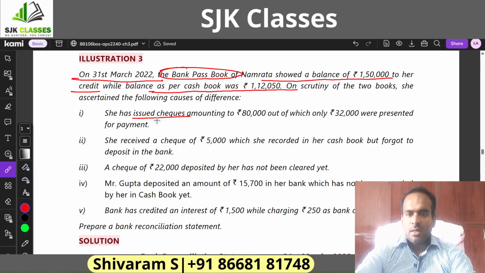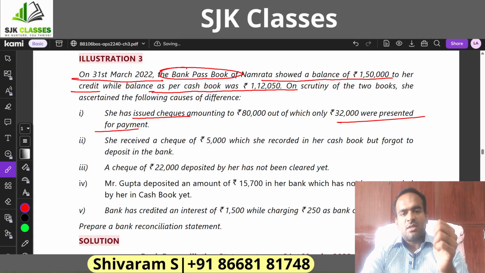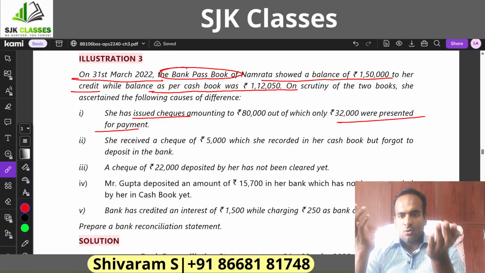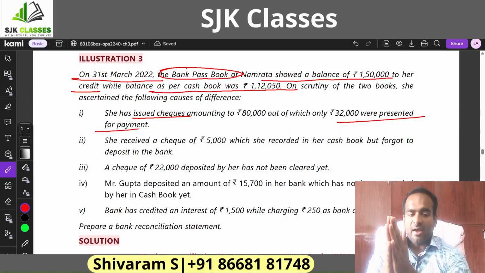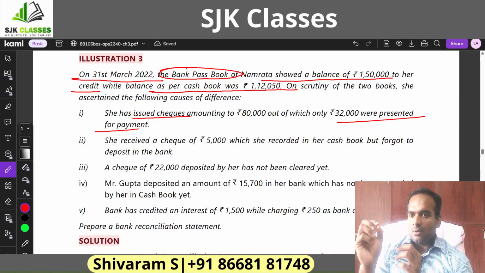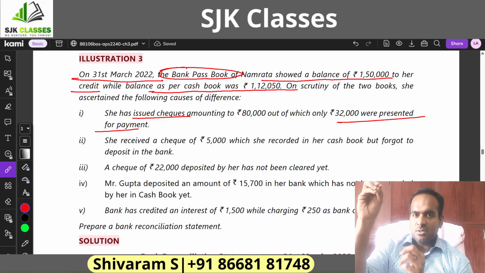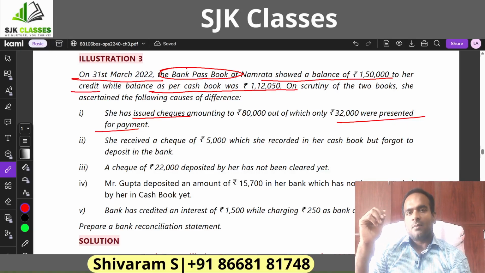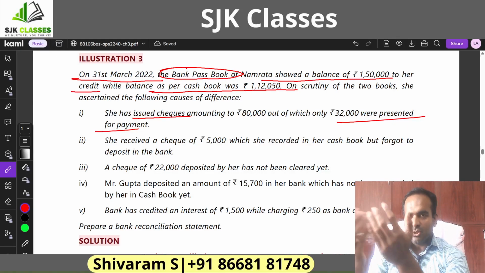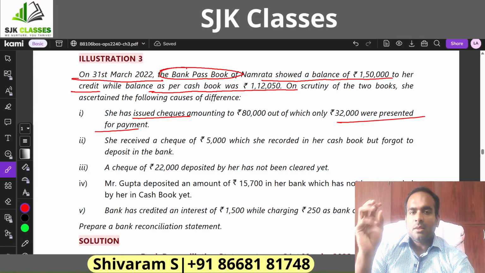It means I have issued checks worth 80,000, but only 32,000 were presented. The supplier has deposited checks worth 32,000, and the balance checks have not yet been deposited.